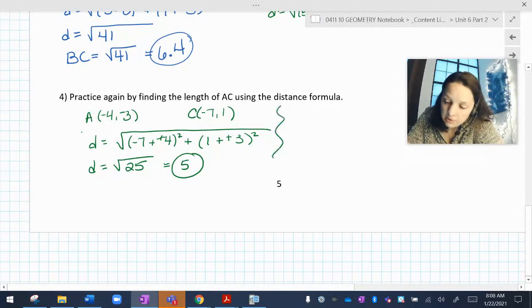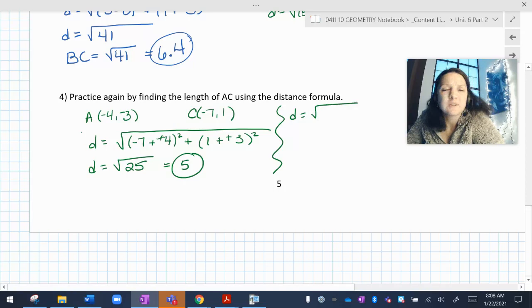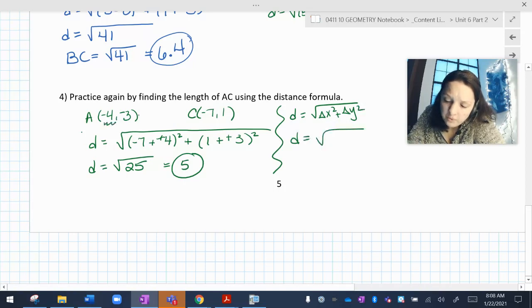And again, if you want to see it with Mrs. Vibber's shortcut way, I shouldn't even say shortcut, shorter. It's not a shortcut. I can do delta x squared plus delta y squared and say, all right, what's my change in x? Well, x went from negative 4 to negative 7, so x went down by 3.